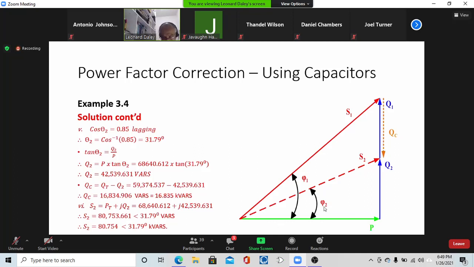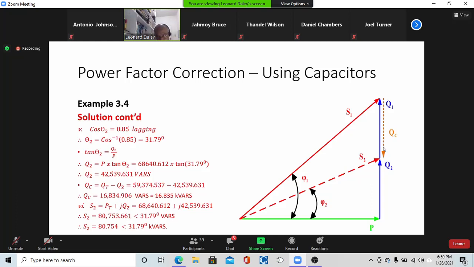All right, so we can use that value now to find out what Q2 is, the final value of Q for the new system. All right, so tan theta 2 is equal to Q2 opposite over adjacent, or rise over run. So Q2 then is equal to P times tan theta 2, and that works out to be 42,539.6 VARs.